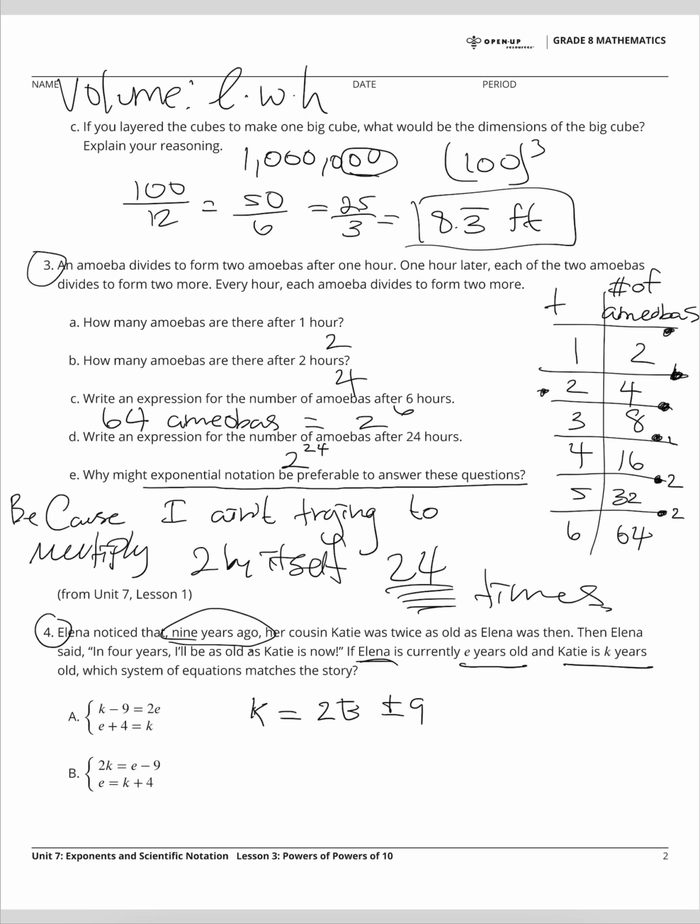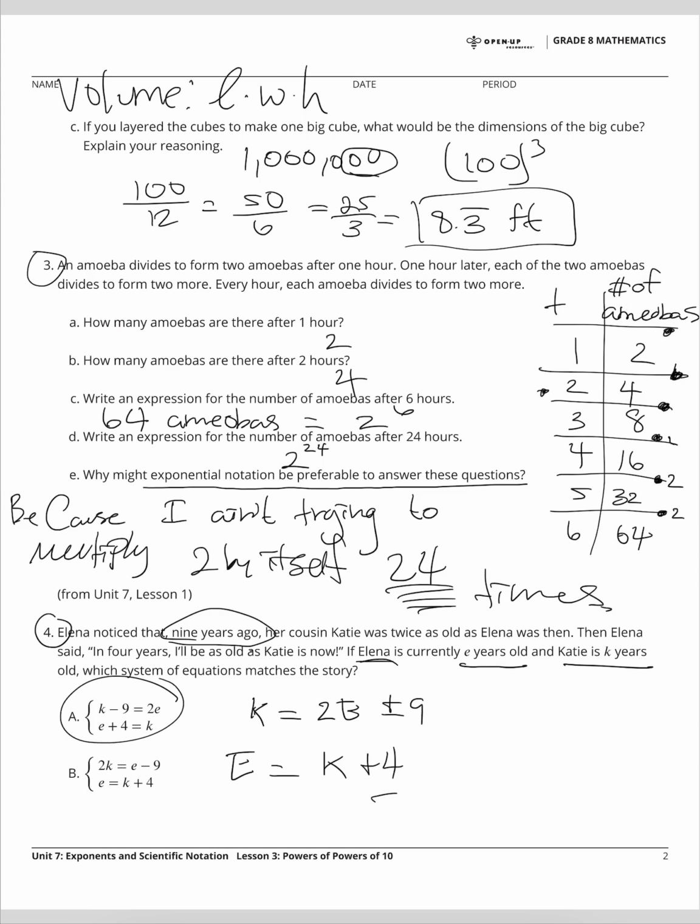Then Elena said, in 4 years, I'll be old as Katie is now. This makes me think Elena will be as old as Katie is now. So you gotta take Elena's age and add 4, because in 4 years, she'll be as old as Katie.